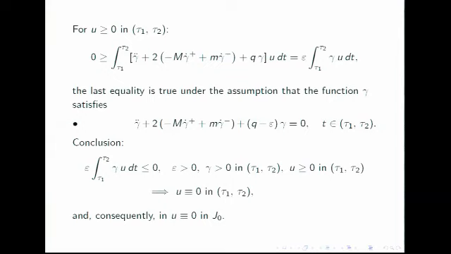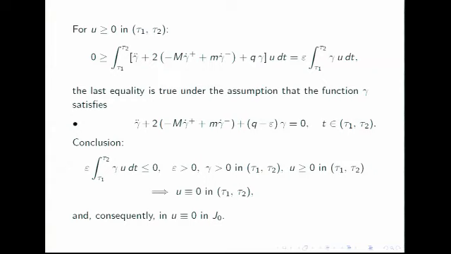And now, if we suppose that u is non-negative in interval tau 1, tau 2, we obtain 0 is greater or equal to this integral.